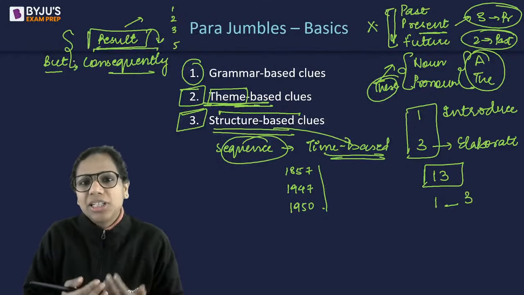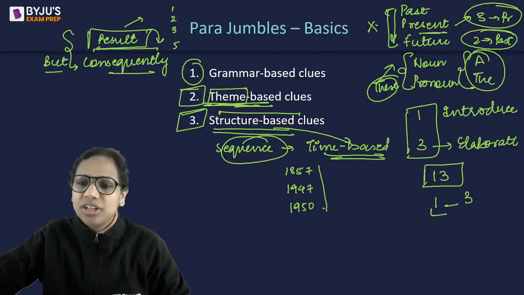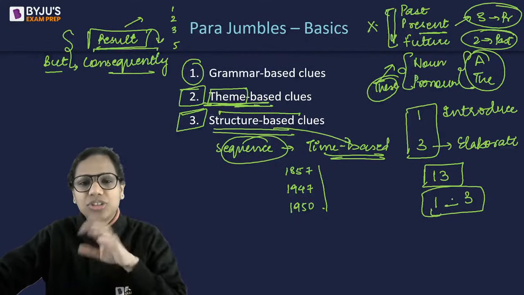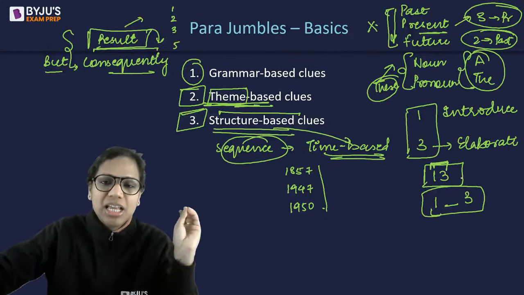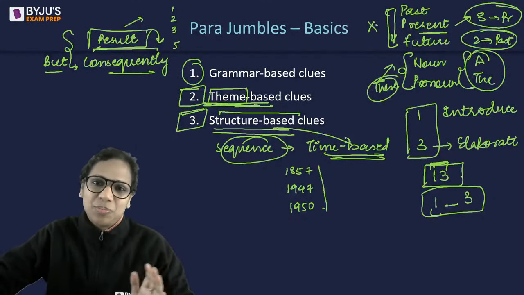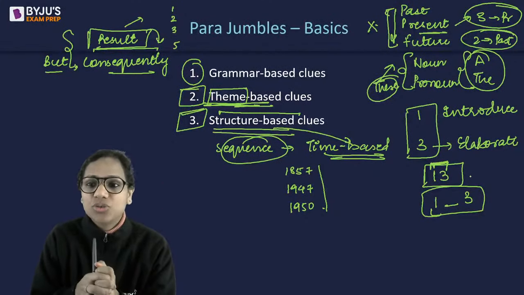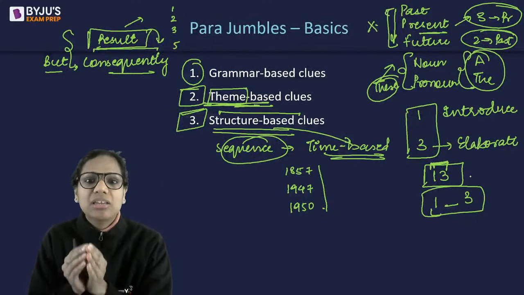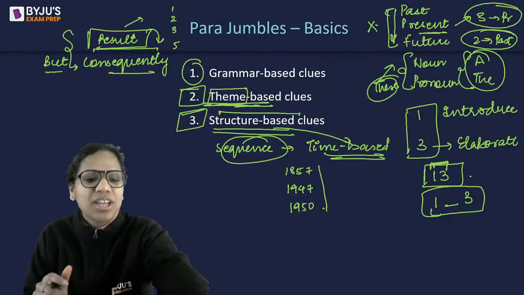What you are ultimately trying to do through these clues is form orders, that 1 will come before 3, 3 will come before 5, or form mandatory pairs, that 1 and 3 belong together and nothing can come in between them. So this is a foolproof approach to solving parajumble questions, making pairs or making orders based on such clues.